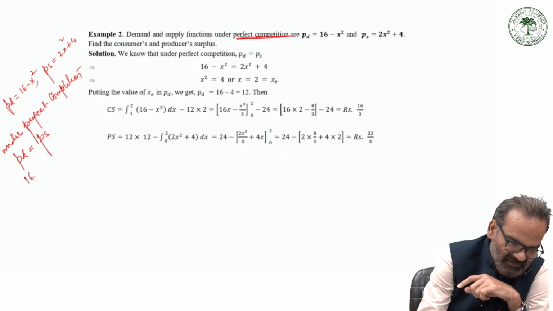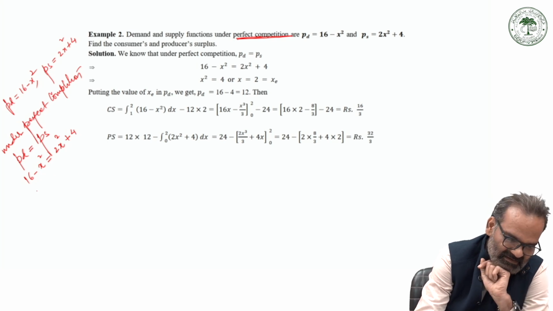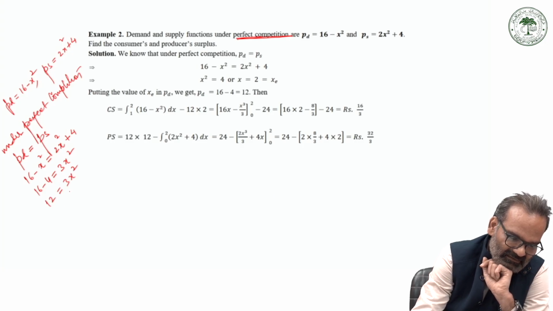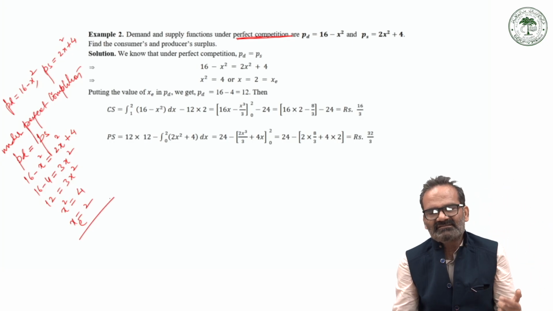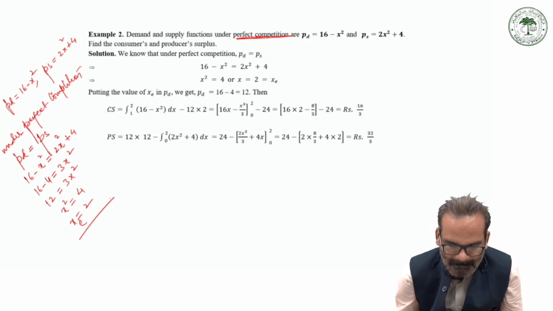So naturally 16 minus x square is equal to 2x square plus 4. What will you get here? 16 minus 4 is equal to 2x square plus x square, that means 3x square, and what is left here? 12 is equal to 3x square. X square is 4 and x is 2, that is XE. The negative value is not considered, because the quantity supplied can never be negative.